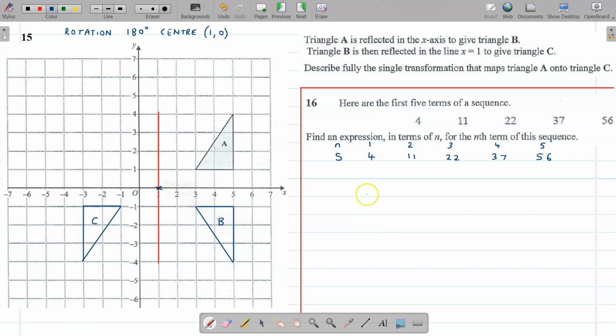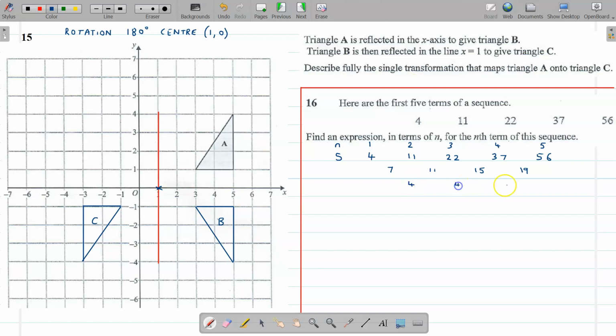Now let's have a look what is happening. The first difference is 7, then it's going up by 11, then by 15, and then by 19. So the second difference is 4.